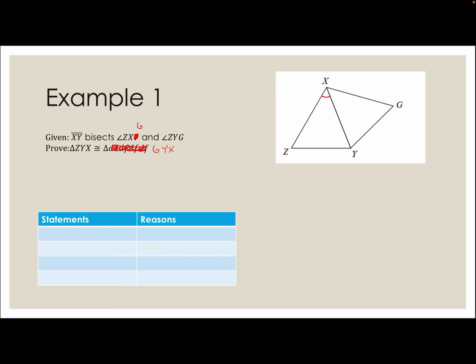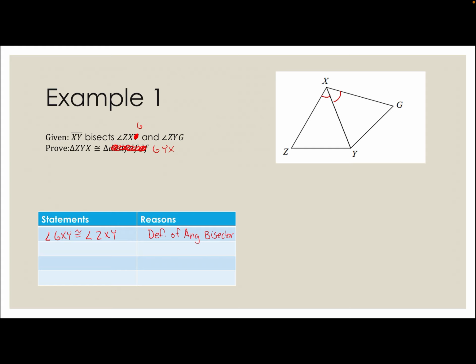And so that's going to mean that angle ZXY is congruent to angle GXY. So our first statement is angle GXY is congruent to angle ZXY. And the reason is going to be definition of angle bisector. I'm also fine if you just put angle bisector. That would be fine as well.